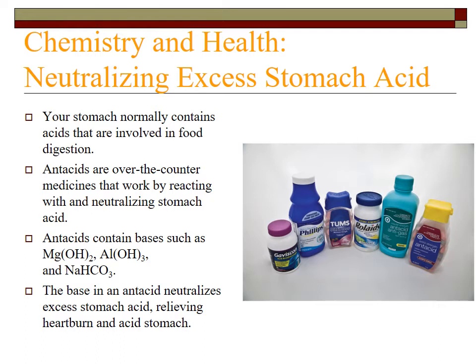Antacids are over-the-counter medicines that work by neutralizing stomach acid. Antacids contain bases such as magnesium hydroxide, aluminum hydroxide, and sodium bicarbonate. The base in the antacid neutralizes excess stomach acid, relieving heartburn and acid stomach.